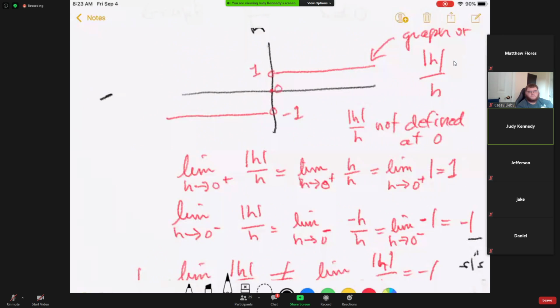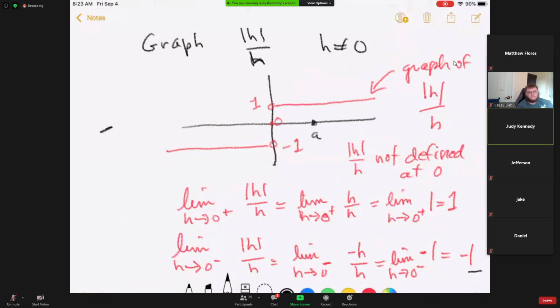If a is positive, f prime of a is 1. If a is negative, f prime of a is minus 1. The only place you have a problem is at 0.